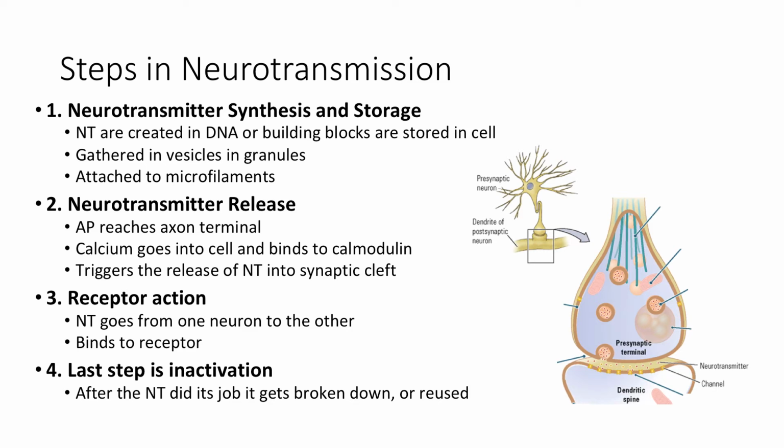Whenever the action potential comes all the way to the end of the axon, this will open up calcium channels in the cell membrane, and then a lot of calcium will go into the axon terminal. The incoming calcium will bind to what is called calmodulin.